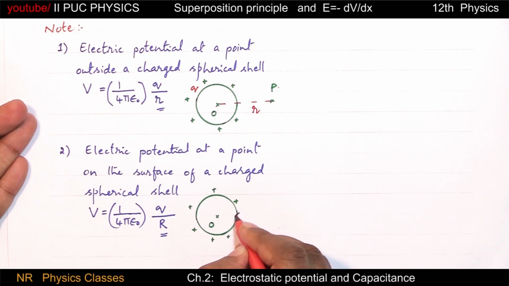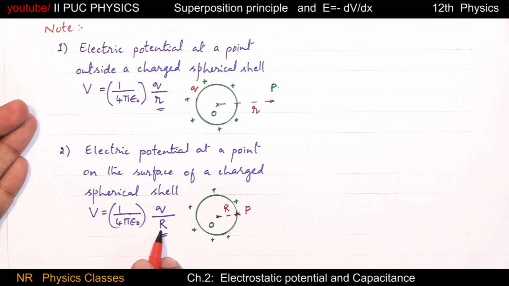Now P is close to the surface or on the surface. This is P. This distance is R.